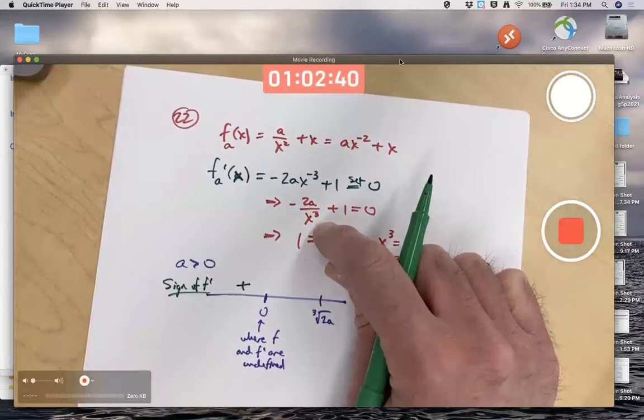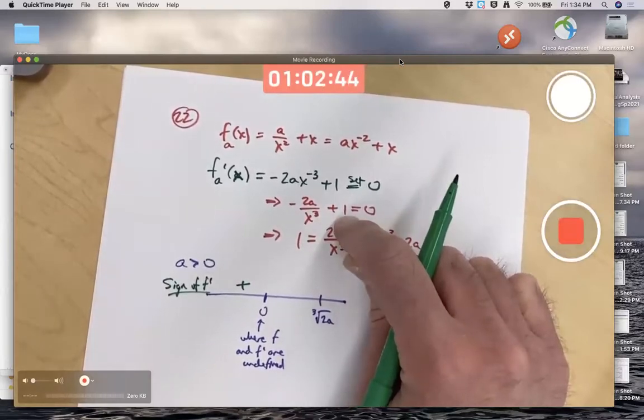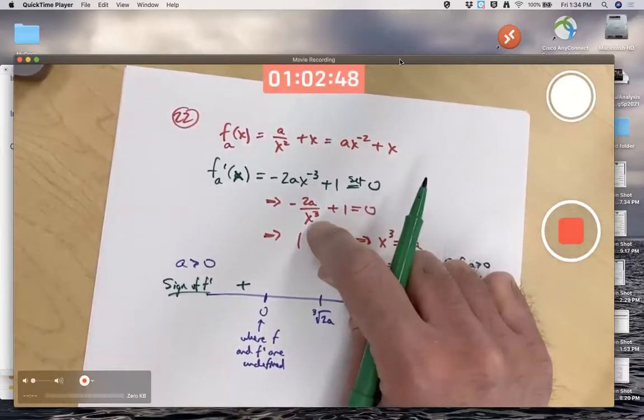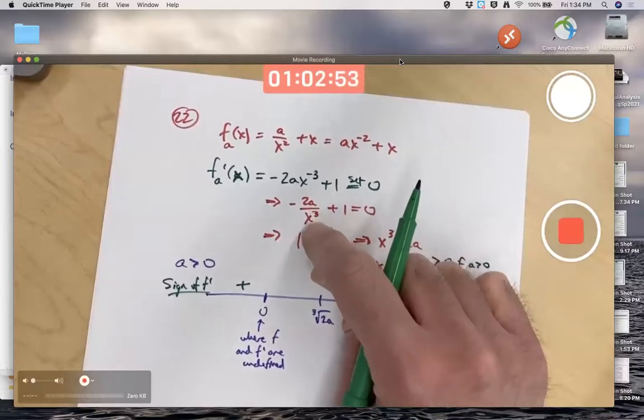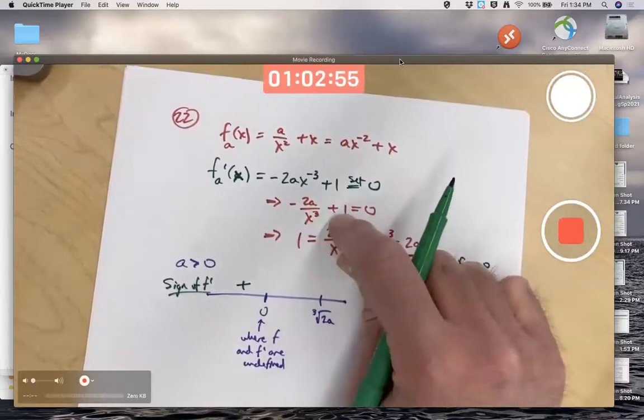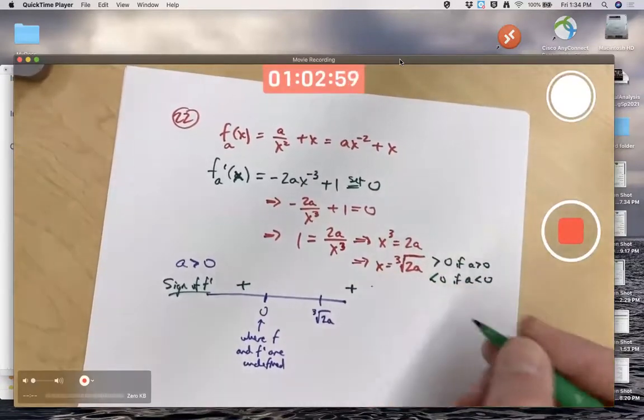Negative and close to 0 is what I mean. Plus 1, if this is small enough at least, will be positive. If this is like -0.1 plus 1, that would be positive 0.9. f prime is positive over here.